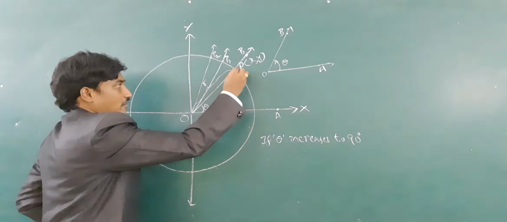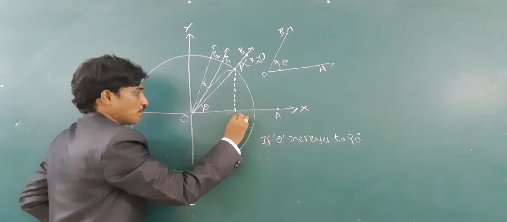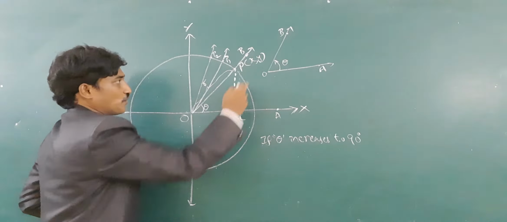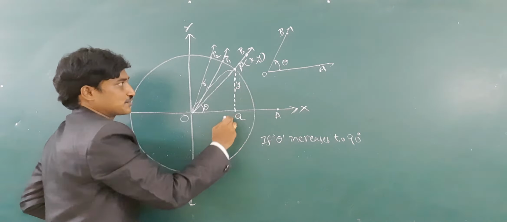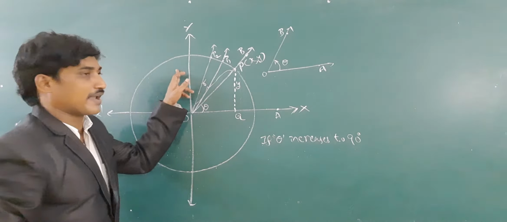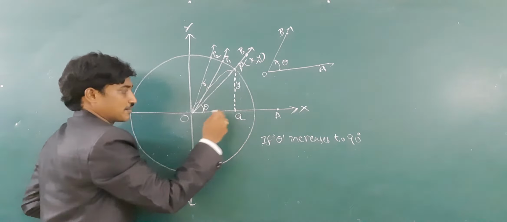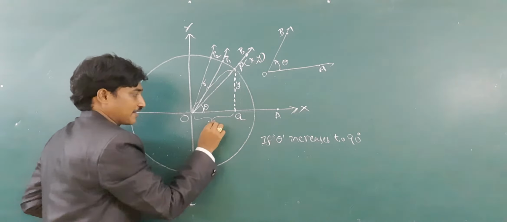That means if the foot of the perpendicular is taken as Q, PQ is y. The distance from the x-axis to a point is called the y coordinate. The distance from the y-axis to the point is the x coordinate. So from here to here the value is x.